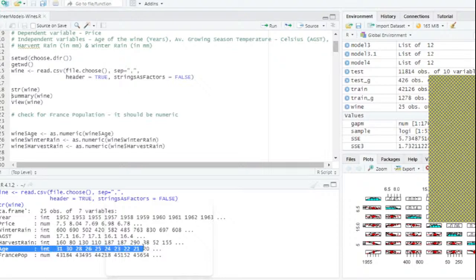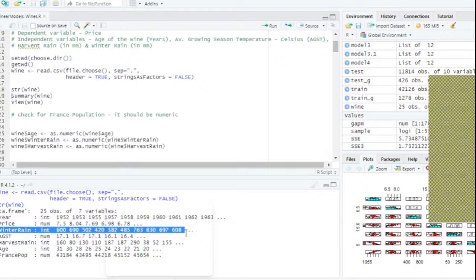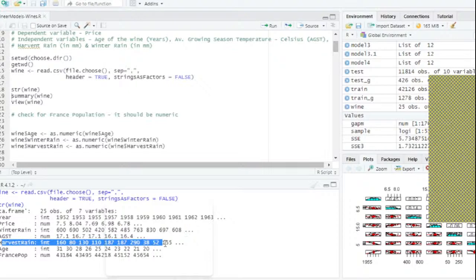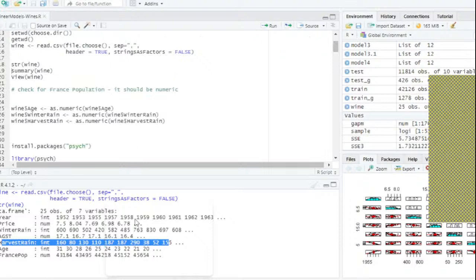Though it has integral values, right? We will convert this into numeric. Similarly, winter rain and harvest rain, right? I'll convert them into numeric because they might not take integral values always, right? So please convert these three variables into numeric.